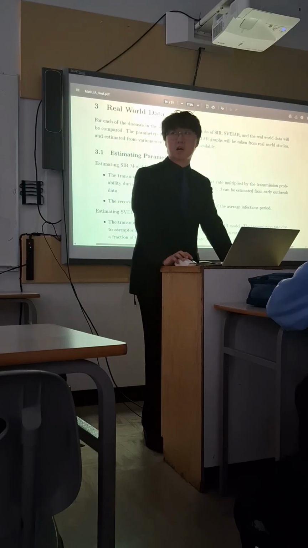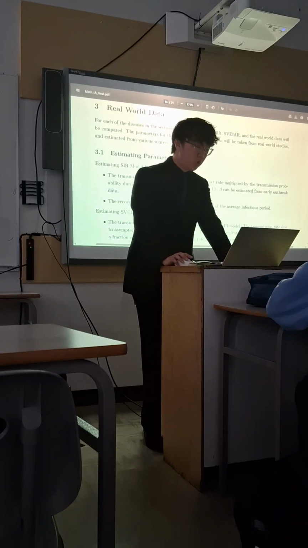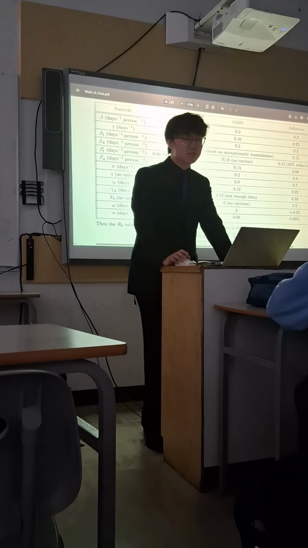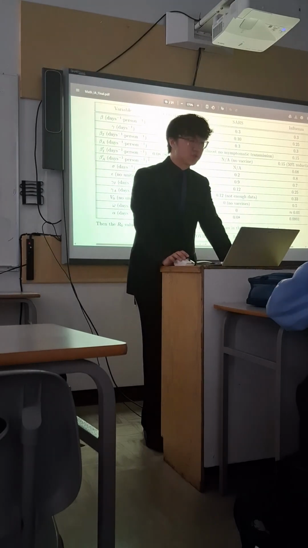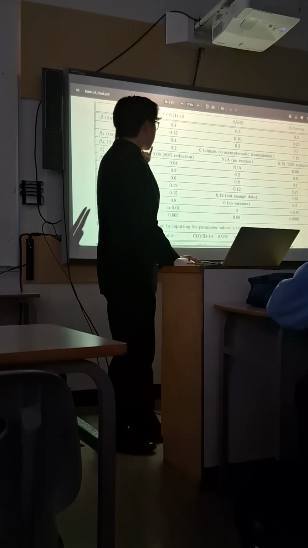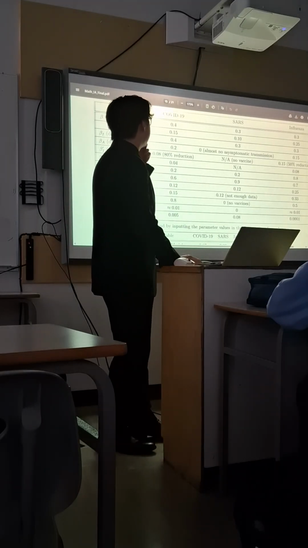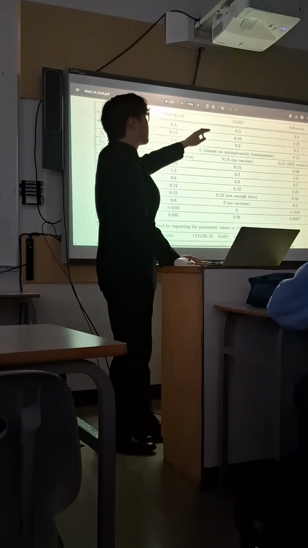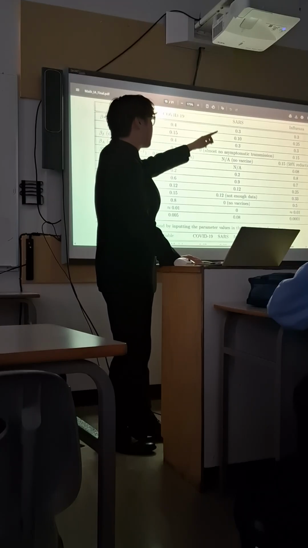And I wanted to apply this on real world data as well. So I found some estimates online, or I looked at some sources and came up with my own estimates of what each of the variables, or actually they should better be phrased as parameters, are for each of the three diseases that I was looking at: COVID-19, SARS, and influenza.